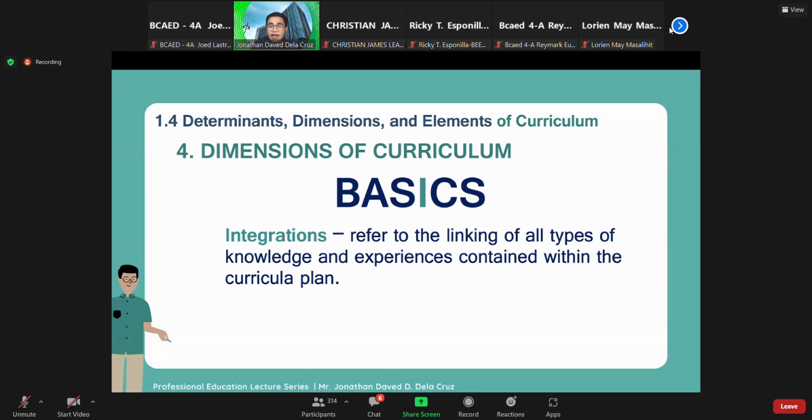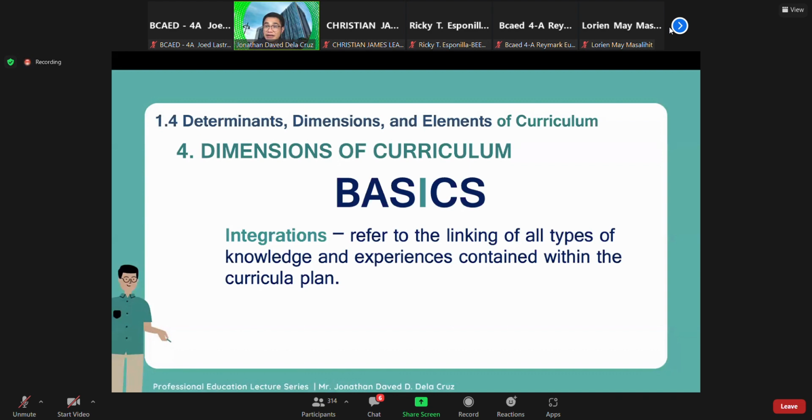Integration refers to the linking of all types of knowledge and experience contained within the curriculum plan. The offering of the subjects per year level is adequate. Dapat nakikita ng bata ang relatedness ng mga subjects na offered, no?